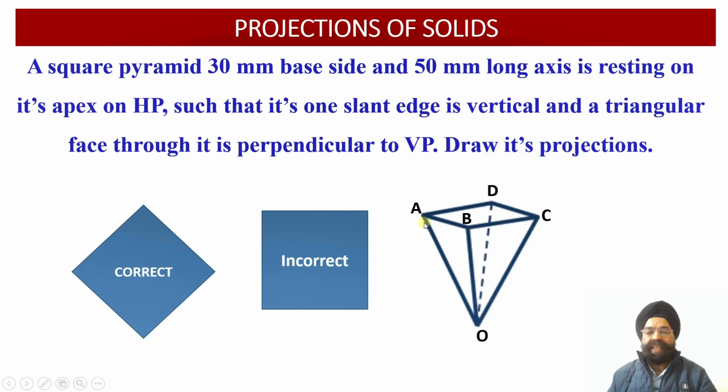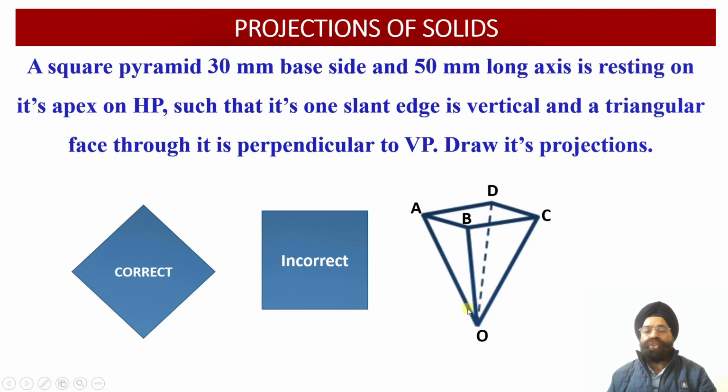The first face is OAD, which contains this vertical slant edge. The other triangular face can be OAB.